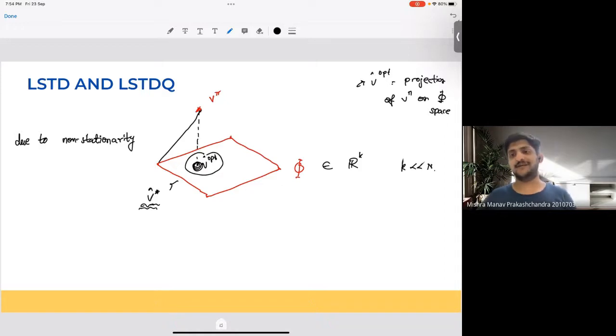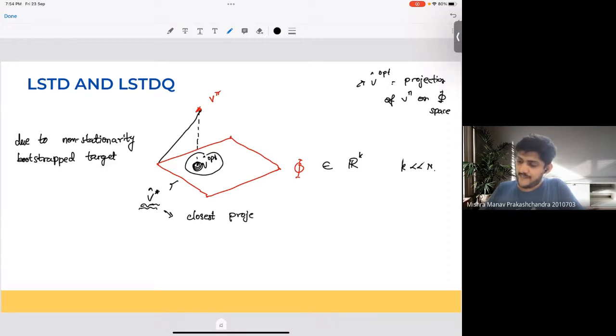And this also happens because I'm not using the true target, but some bootstrap target. So this thing is the closest projection to V pi.